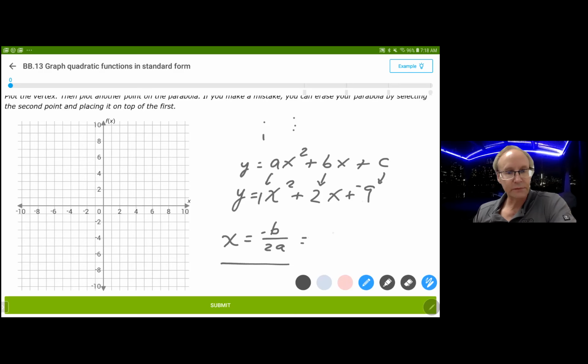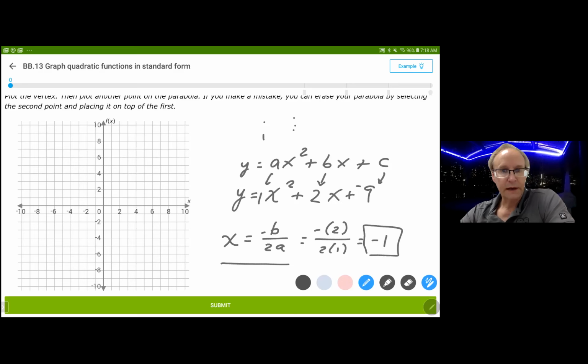So negative b over 2a, be careful, is negative 2 over 2 times 1, which is negative 1. This is where my vertex is going to be located. And I need to find the value of the function at negative 1 in order to find where the vertex is.